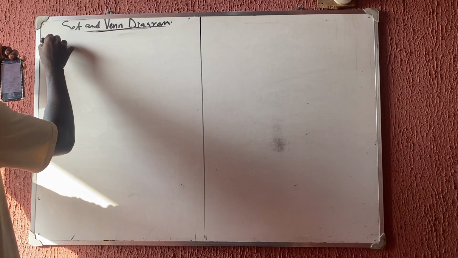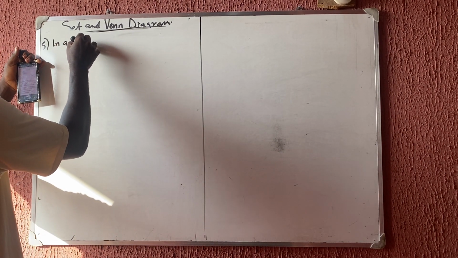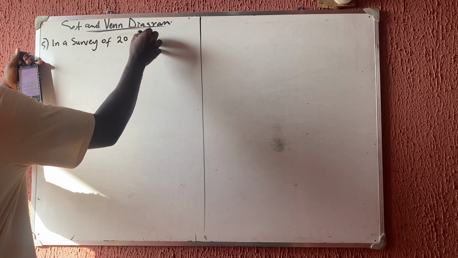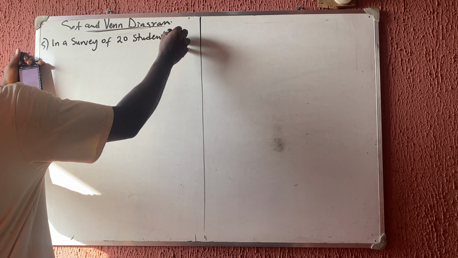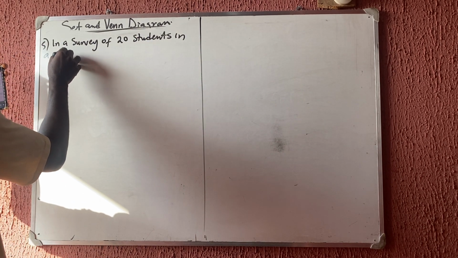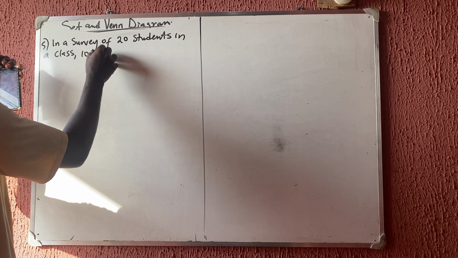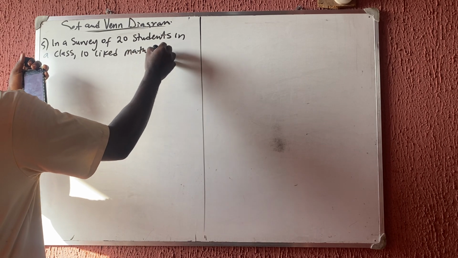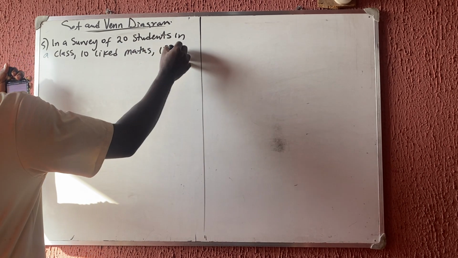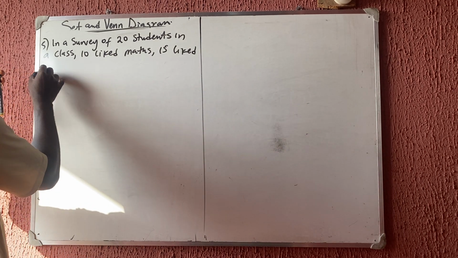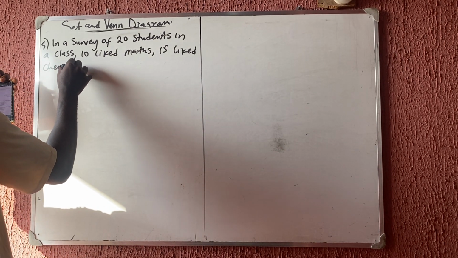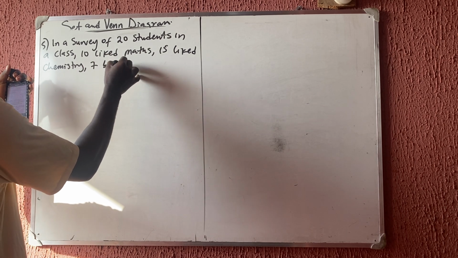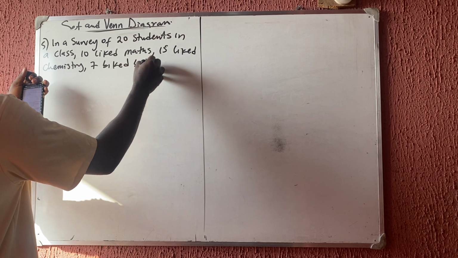question number 5 said, in a survey of 20 students in a class, 10 liked maths, 15 liked chemistry, 7 liked both subjects.